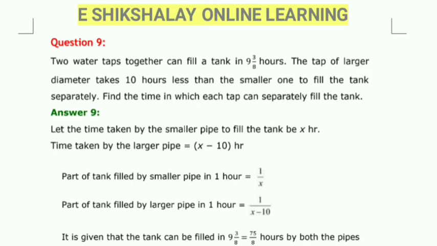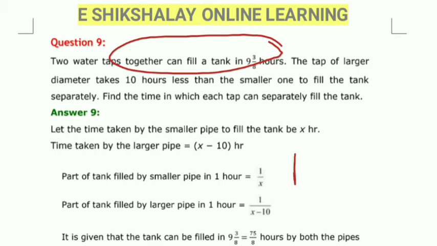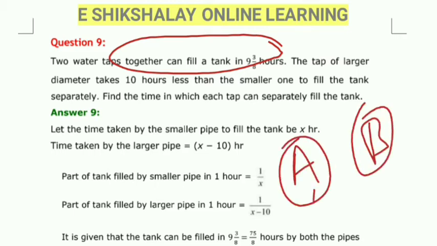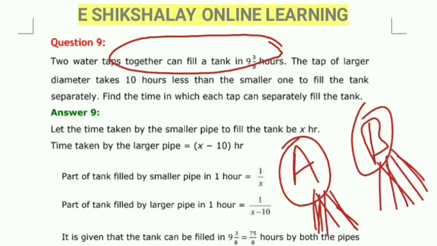Just try to understand. In the first line, it is saying that two taps, tap A and tap B, together fill a tank in 9 and 3/8 hours.